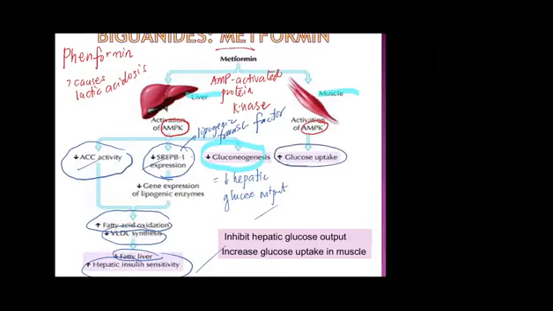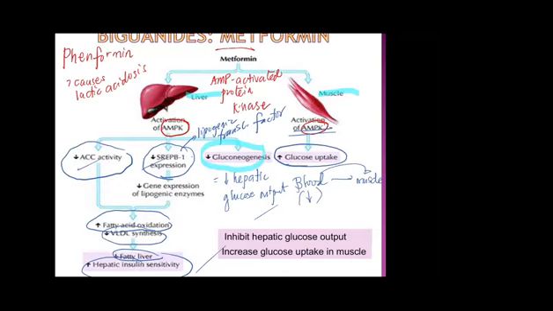It means na ang glucose from the blood ay matatransport papunta sa muscle. So pag na-transport ang glucose papuntang muscle by activating the protein kinase enzyme, bababa ang blood glucose. So pag bumaba ang blood glucose, hypoglycemic effect. Okay? So yan ang mechanism of action ng metformin.